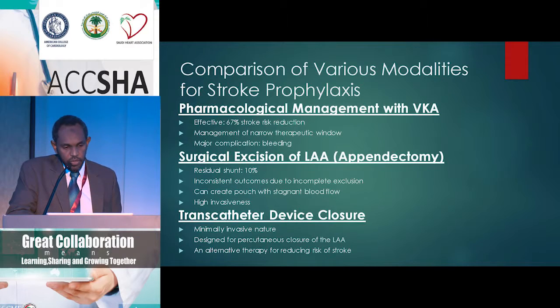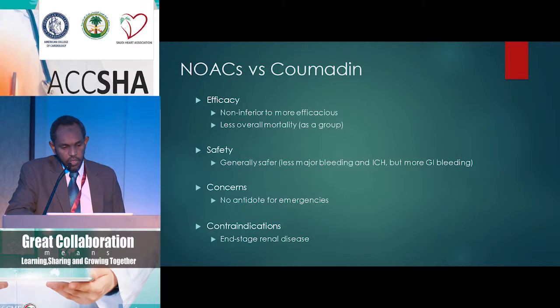And if you compare the NOACs to Coumadin, an earlier talk today clearly demonstrated that these medications are at least non-inferior, if not more efficacious than Coumadin, with less overall mortality as a group. Safety is generally better. They definitely have much less intracranial hemorrhage, but more GI bleeds with some medications more so than others.